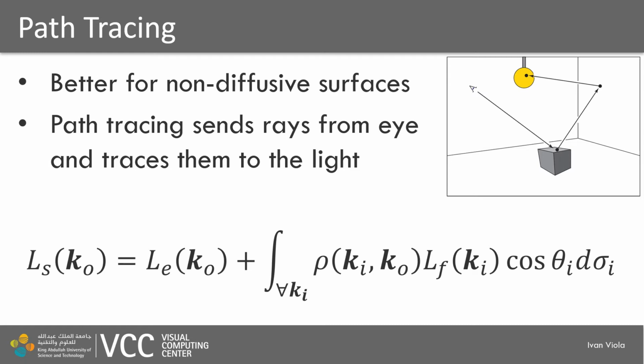The path tracing, on the other hand, follows a different approach. Here, similarly to ray tracing, we are starting from the eye position and we are following an eye ray into the scene, and we are calculating the illumination at the particular location. However, we do not know what is the incident radiance at a particular position, and therefore we need to calculate it.